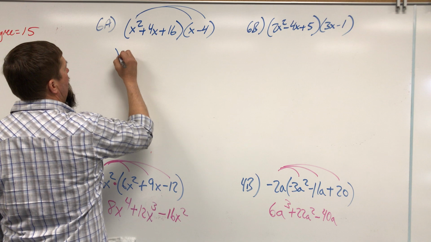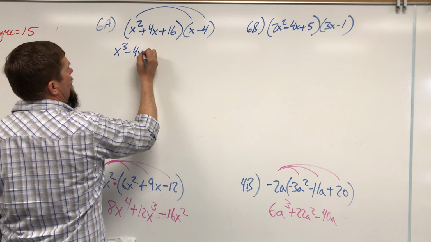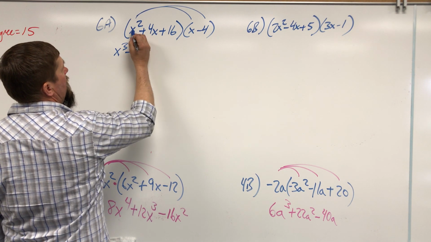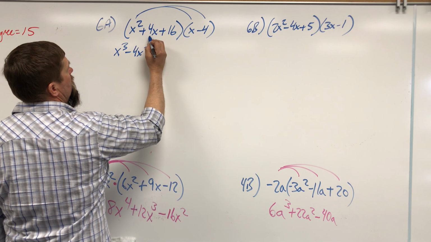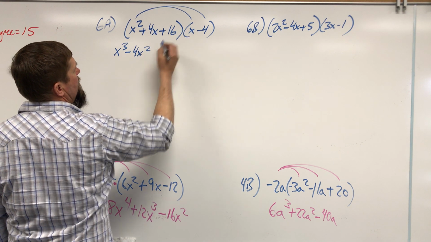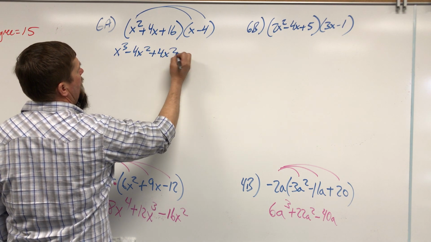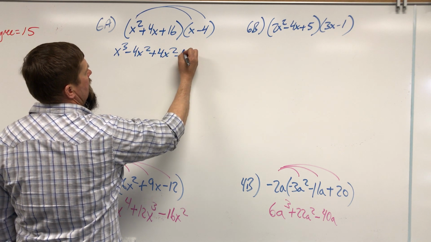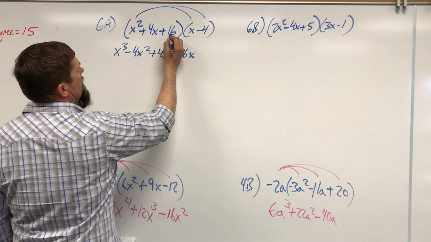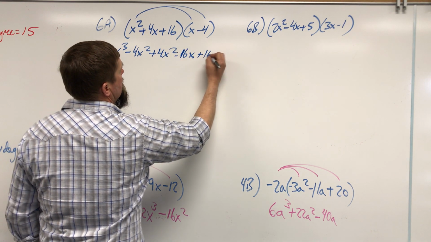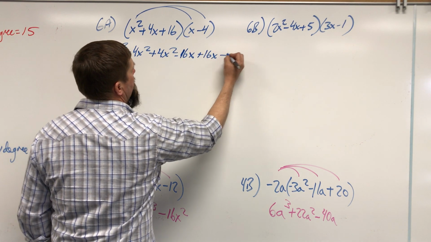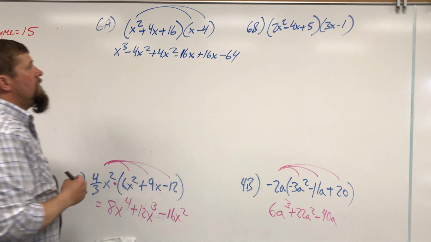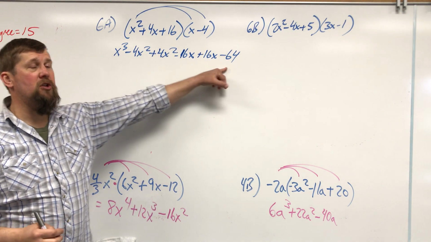So I end up with x cubed minus 4x squared when I multiply those first 2. 4x times x is plus 4x squared. 4x times negative 4 is negative 16x. 16 times x is plus 16x. 16 times negative 4 is negative 64. So if you notice, I ended up with 6 terms.